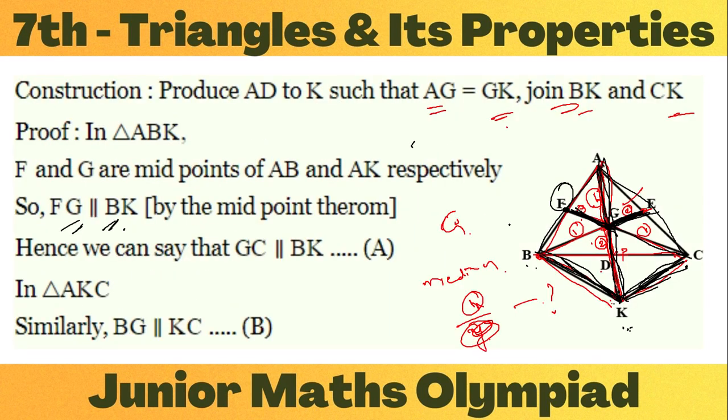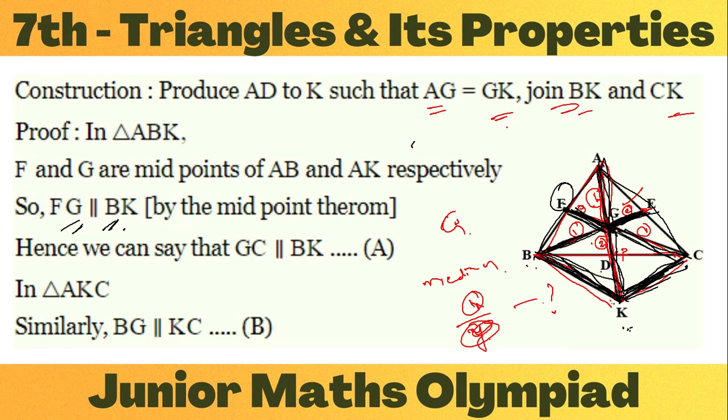Since FG is parallel to BK, this GC is also parallel to BK. If EG is parallel to KC, this GB is also parallel to KC.